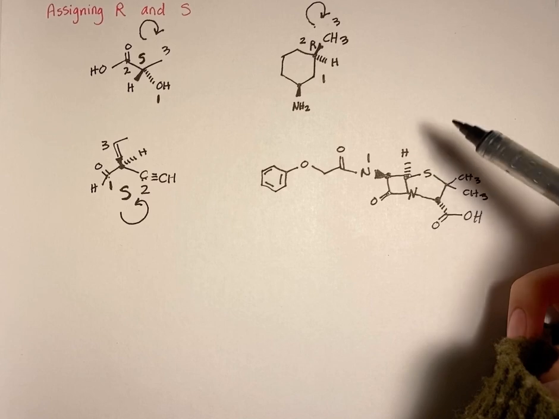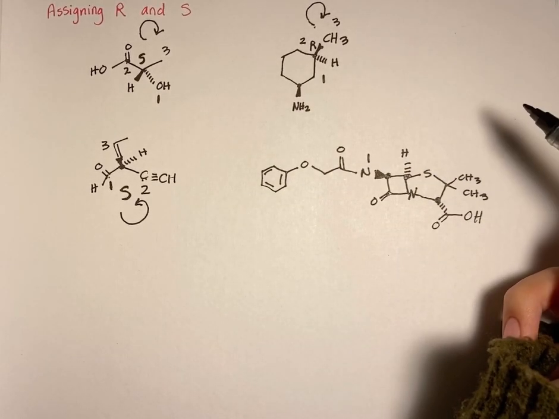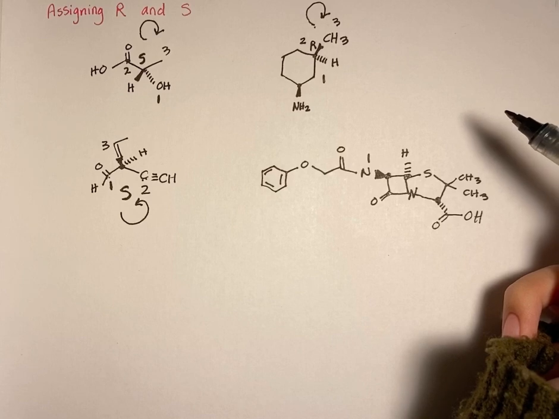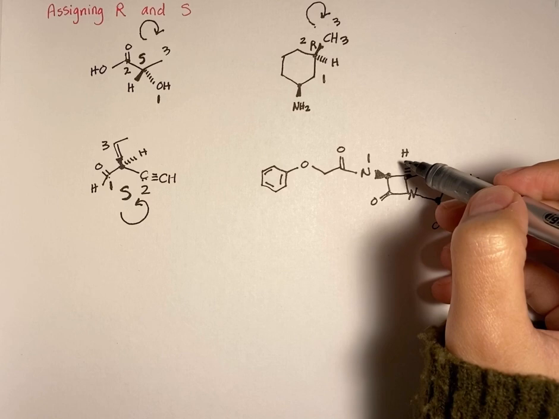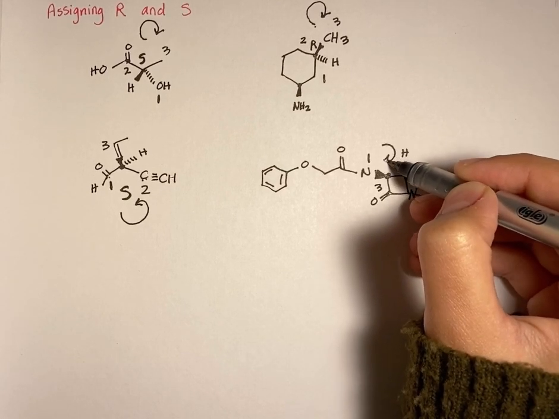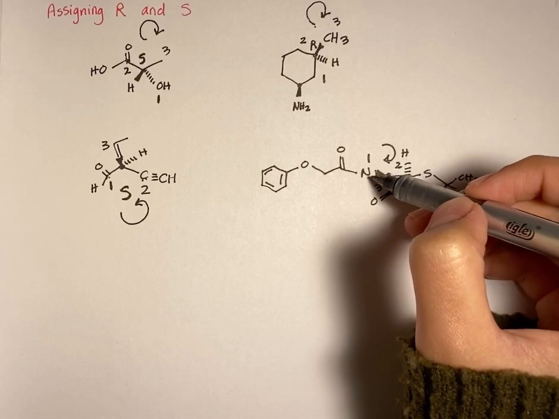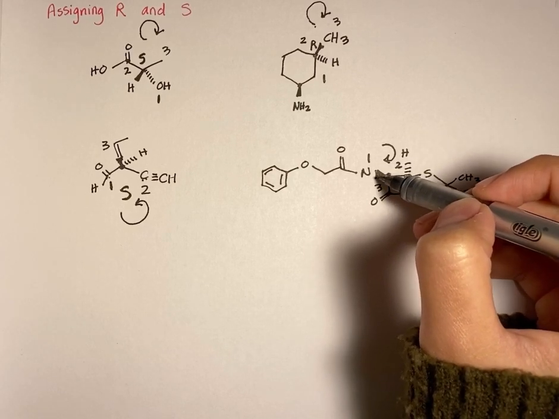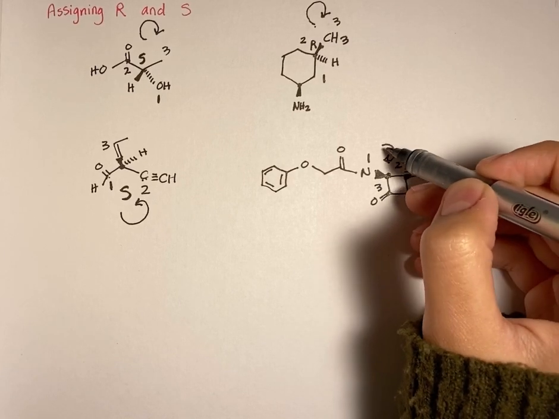Now, once again, as I was explaining in the previous example, the only thing that matters is atomic number. So sulfur has a higher atomic number, therefore it gets the second priority. Here 2 and then 3. The arrow looks like this, and the hydrogen is to the back because the nitrogen is a wedge and it's coming out of the page. Therefore, it's clockwise, looks like R, it is R.